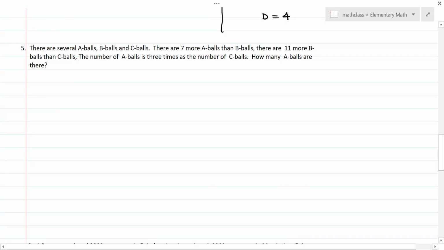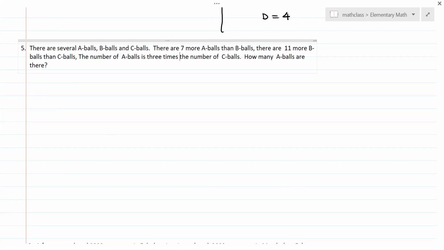The number of the A boards is 3 times the number of the C boards. How many A boards are there?